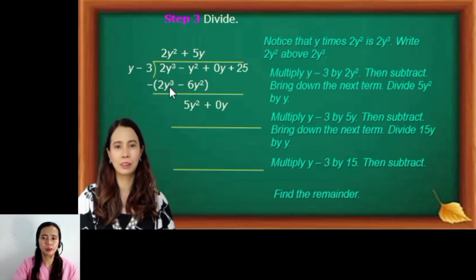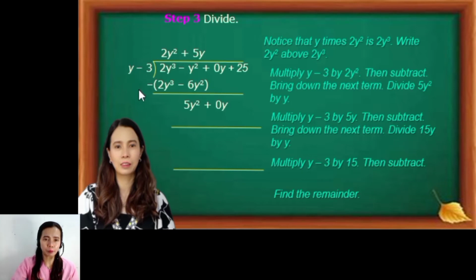Then, like sign, magiging unlike sign. Negative becomes positive, positive becomes negative. So, magkaiba na lang sign. So, subtract, then copy the sign of the bigger absolute value. May 1 dyan, it is understood that it has 1. So, magiging 5y squared plus 0y. Bring down 0y. Then 5y squared divided by y is 5y.